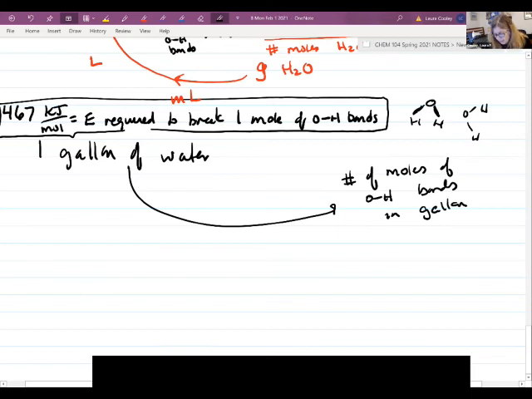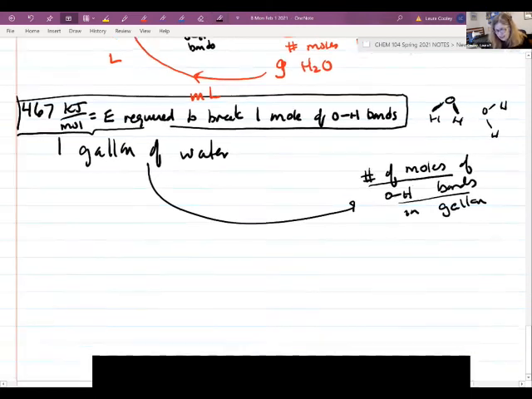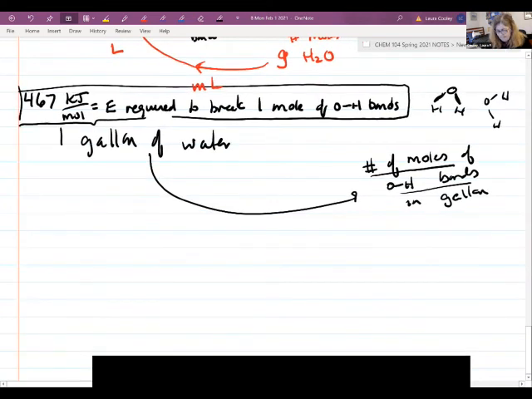And once we get the number of moles of OH bonds, what are we going to do with that number to get the energy required? I'm asking that as a real question. If I know the number of moles of OH bonds, how will I get to the energy needed? Do you multiply it by the 467 kilojoules per mole?